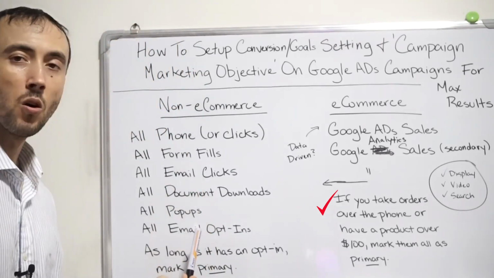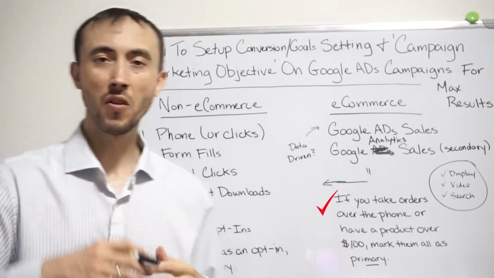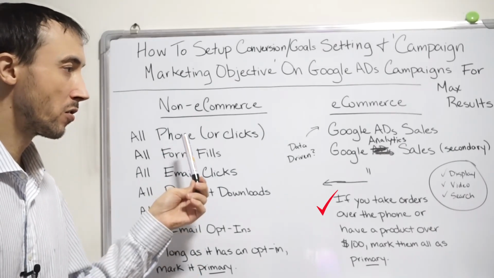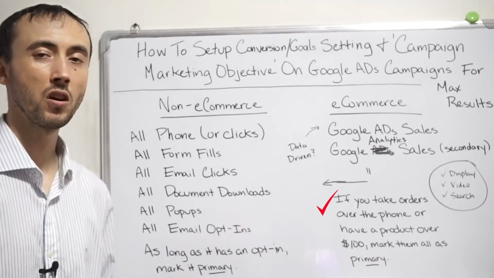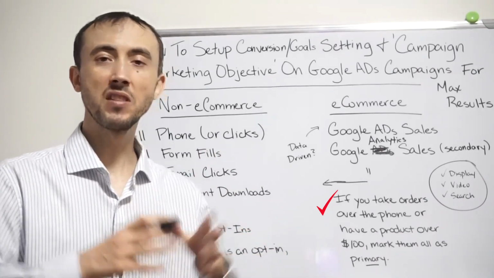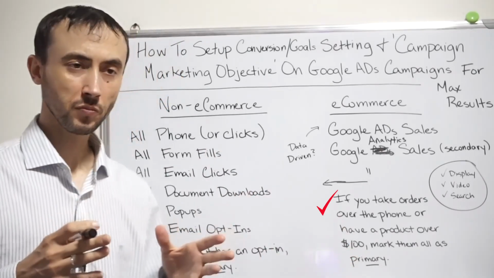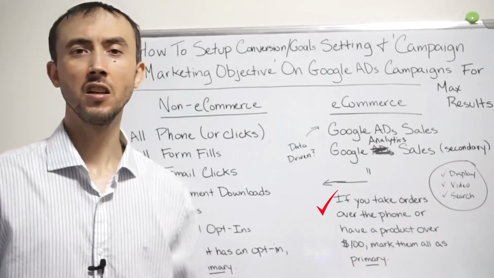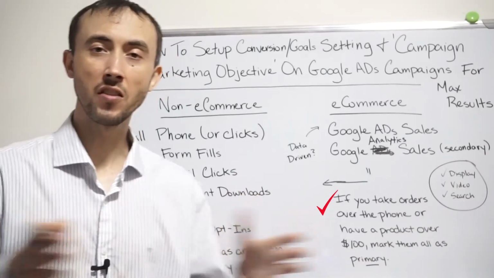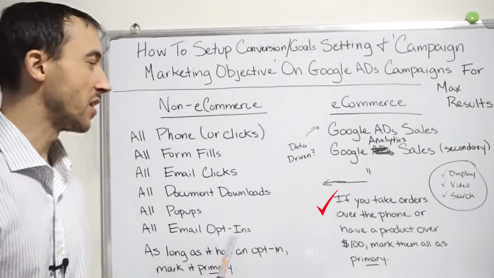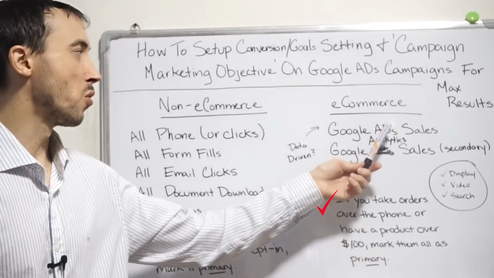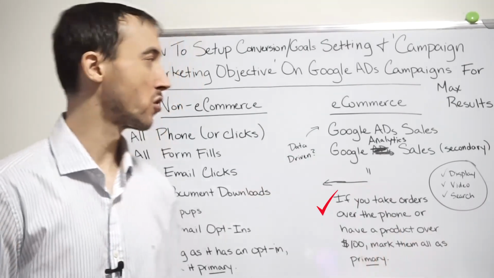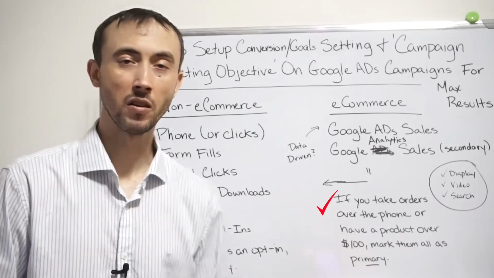So if you don't track these other goals, where a lot of people will just be contacting you before they ever purchase, and it could be a long time, and you're not telling Google that these are serious goals to look at, then again, you're going to be missing out on quite a bit of data, because when they come back 60 days later, the likelihood that they're on a whole different device is decent. And then there's a break in the conversion. So if you sell expensive items, you want to optimize to get you more cart purchases as well as these other opt-ins, because it'll give you more overall results than just looking at the cart sales itself, as we have found, okay?